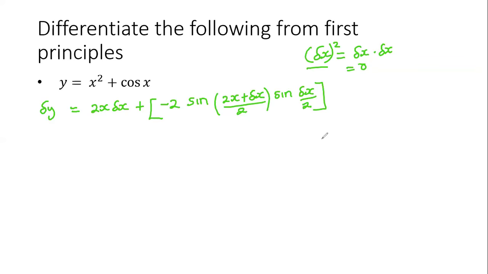Genesis? So what I'm asking is, since you had said that as delta x tends to 0, meaning that the 2x delta x could be 0 and we just remain with this thing in bracket, isn't it? Not really.